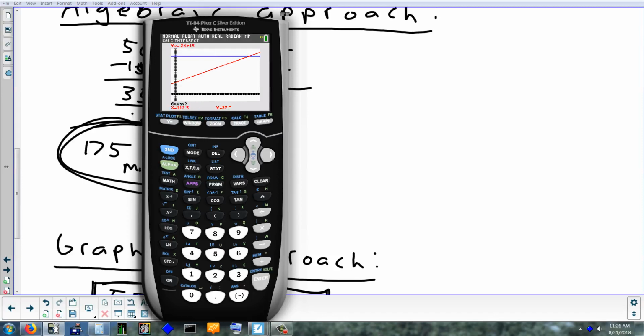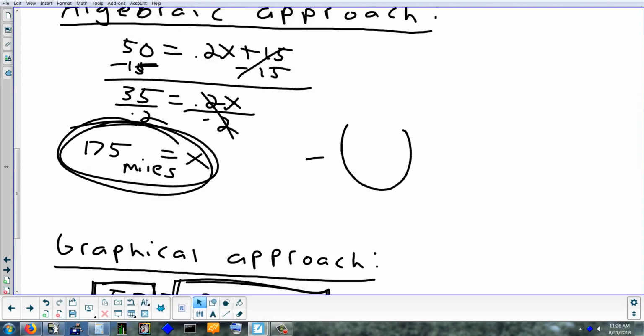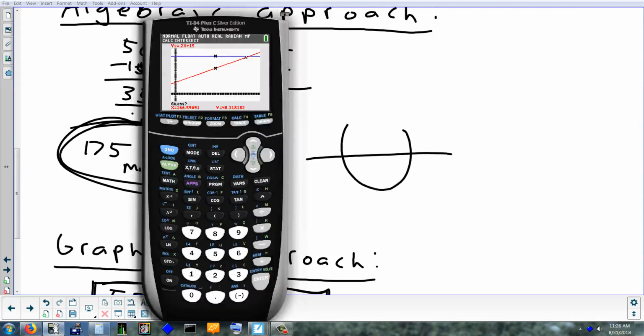Now, for this problem, the guess is not really that important, because how many times are those 2 lines going to cross, even if we zoomed out forever? Just once. Now, if you had something like a parabola and a line, that's different. Now you could have 2. Well, the calculator can only find 1 intersection point at a time.